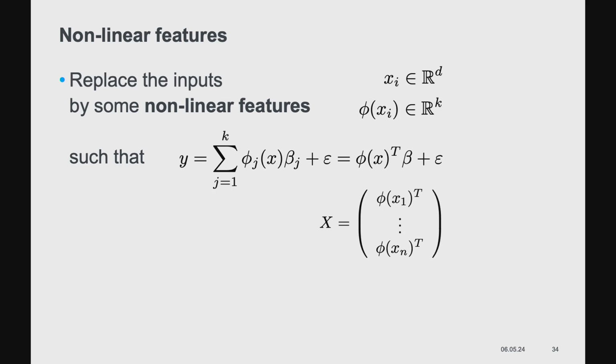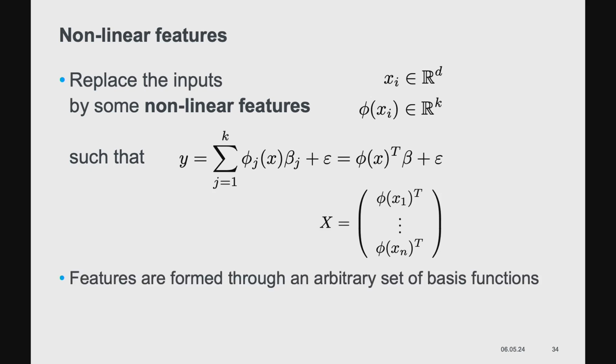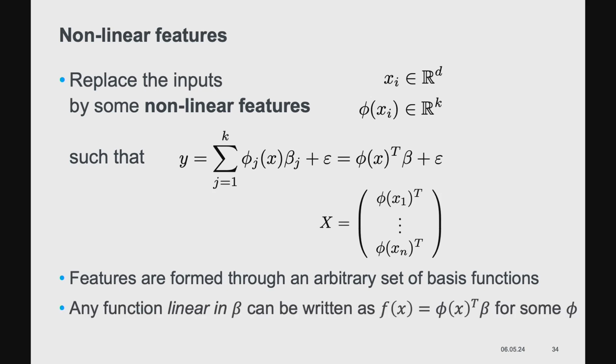And then my matrix is no longer consisting of x1 up to xn, but it's consisting of vectors phi of x1 up to phi of xn. And these feature vectors are formed through an arbitrary set of feature functions that I choose.